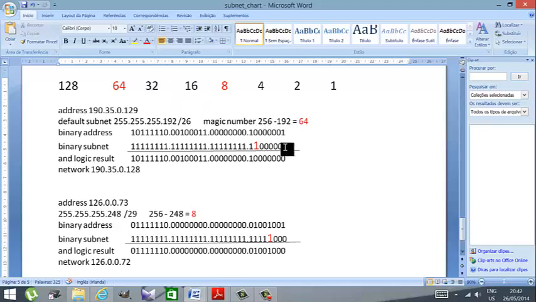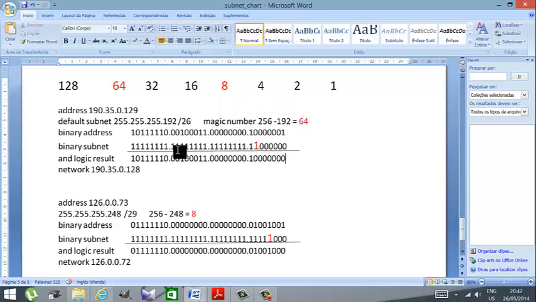If the one was in this position, the magic number was going to be 2. So if you already know your decimal notation for the subnet and you want to find out the magic number, just take 256 and subtract 192 from 256 and you get the magic number as well.